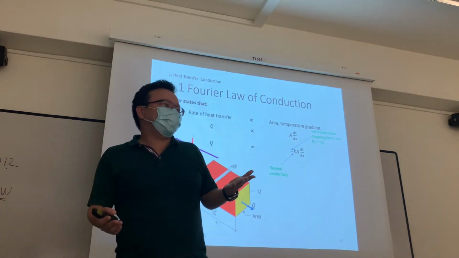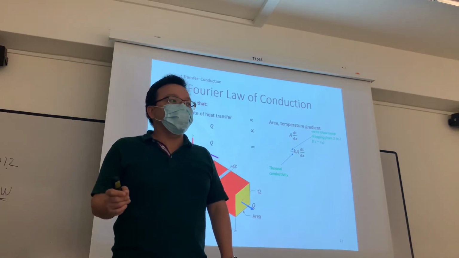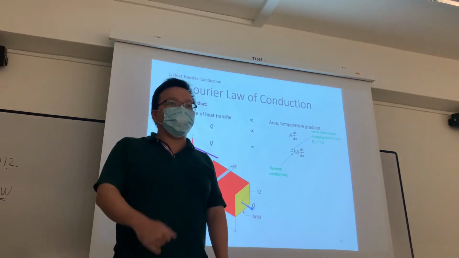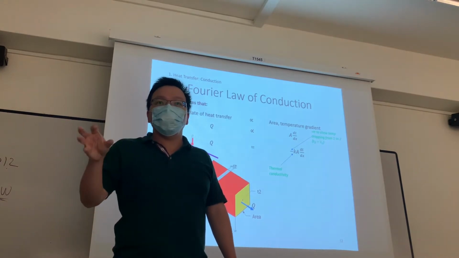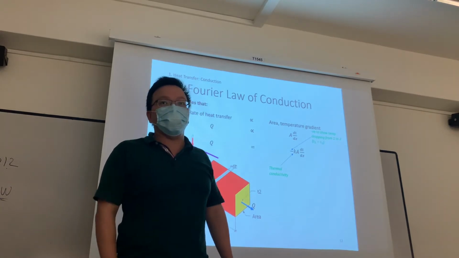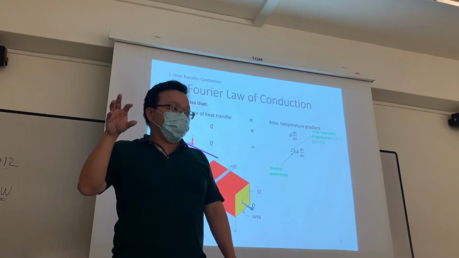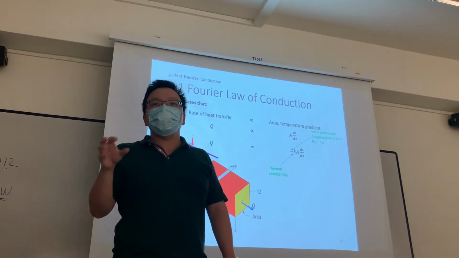Constant. It's a property of a material, right? So let's say I'm talking about alloy steel of a certain grade, you will have a certain thermal conductivity. If I talk about plastic, maybe some polymer, you will have a certain conductivity. If the material doesn't change, will the conductivity change?